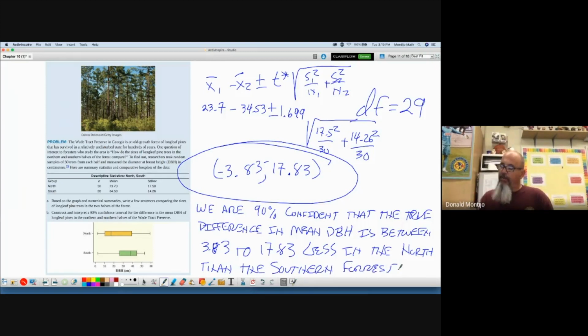So we are 90% confident that the southern forest trees are somewhere between 3.83 and 17.83 larger than the mean of the northern forest. Or we can say it the other way. We are 90% confident that the true difference in the DBH, or the diameter at breast height, is between 3.83 less to 17.83 less in the northern forest than that of the southern forest. It doesn't matter which way you say it, as long as your interpretation is correct.